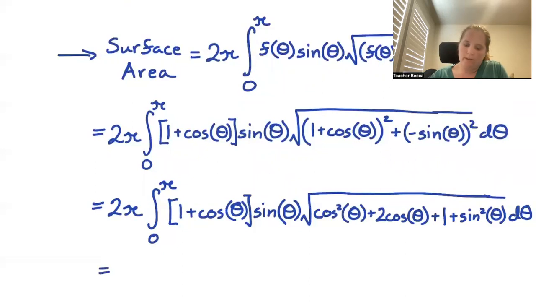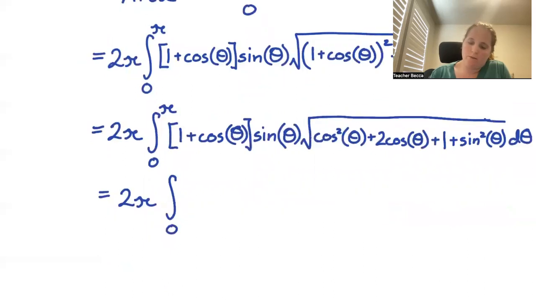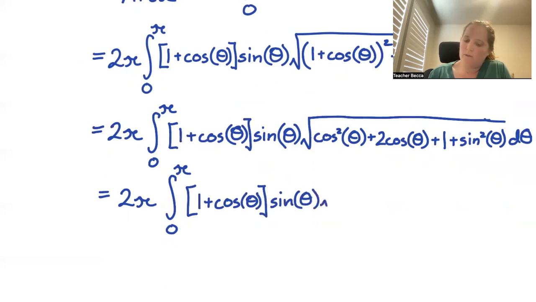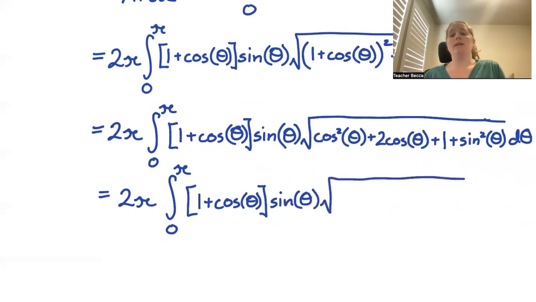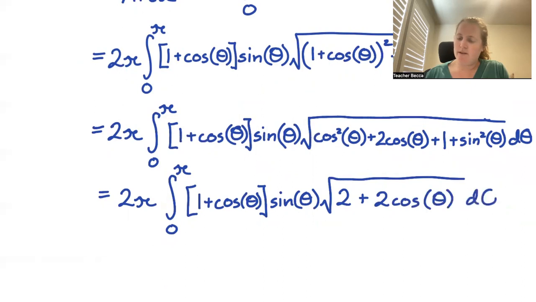And we could rewrite this as 2 pi times the definite integral from 0 to pi of 1 plus cosine of theta times sine of theta times the square root of cosine squared plus sine squared gives us another 1. So we are looking at 2 plus 2 cosine of theta, and then d theta.